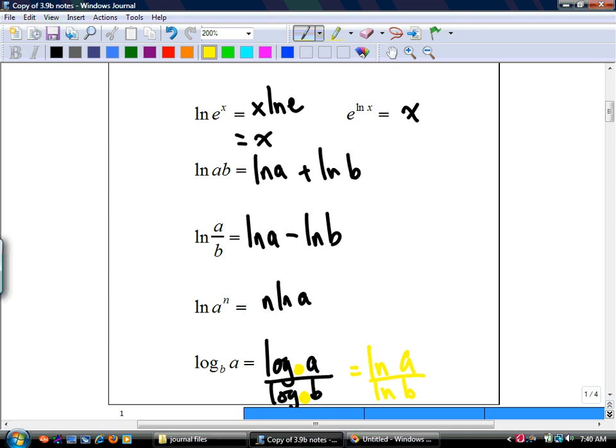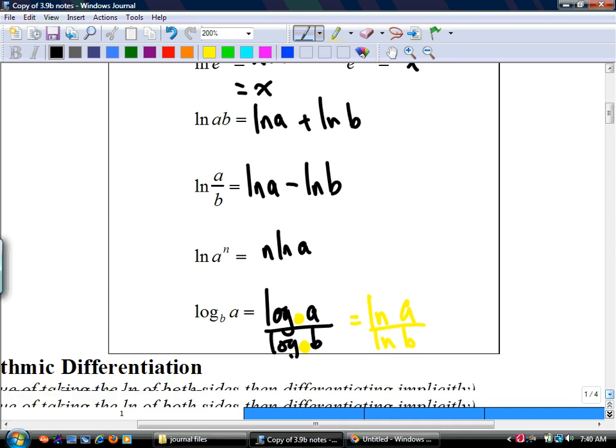So if I wanted to create my own special number, zeta, with a really cool property, you could do log base zeta of A over log base zeta of B. It doesn't matter. You could have your own symbol, and that would be log base zeta.